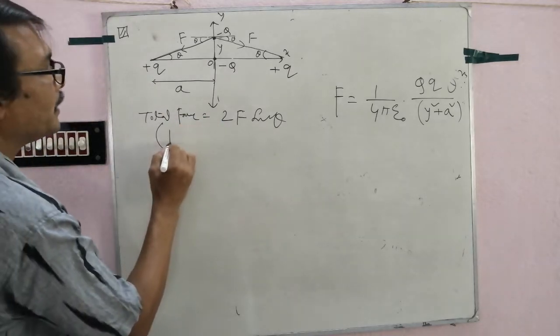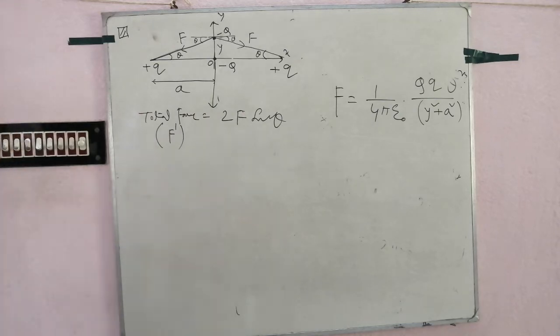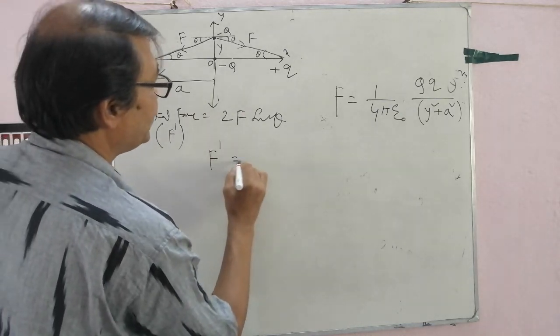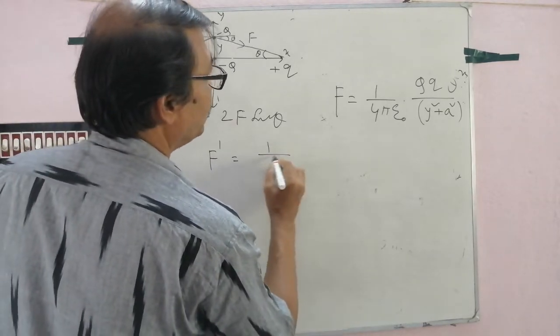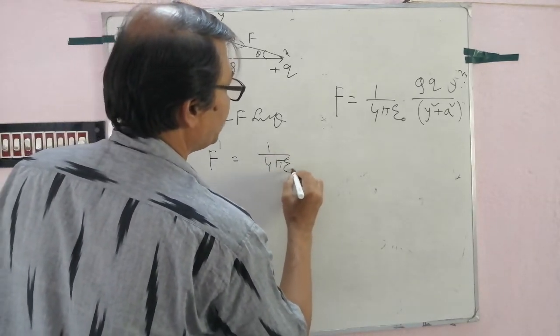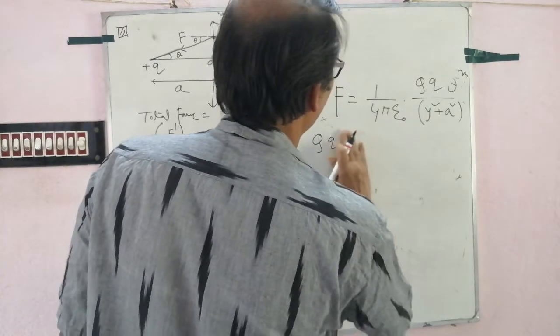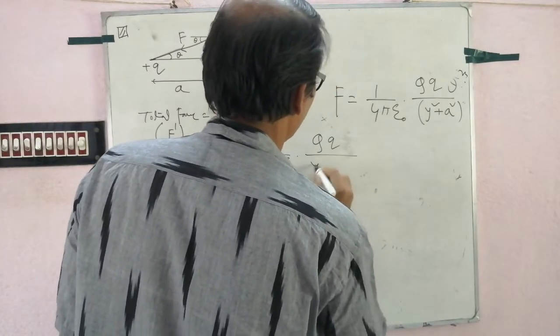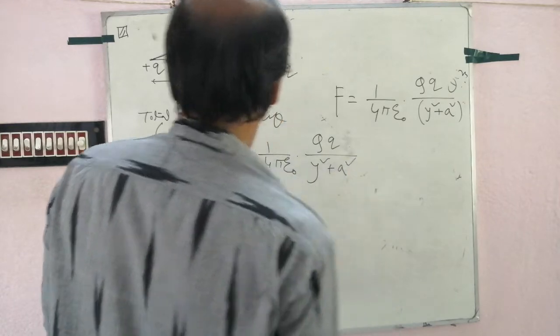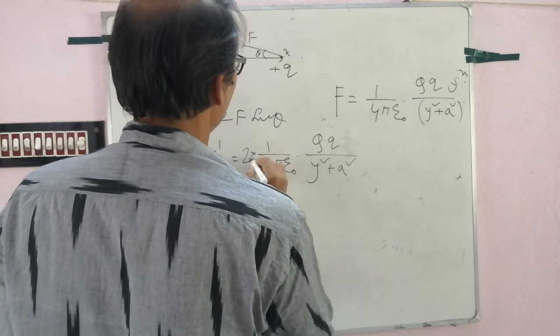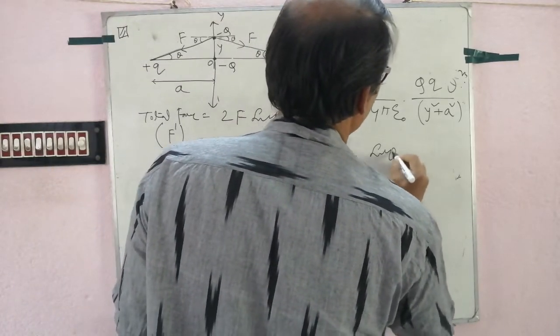Suppose this is F dash. So total force F dash equal to 1 by 4 pi epsilon naught Q q by y square plus a square, of course here 2 into sin theta.